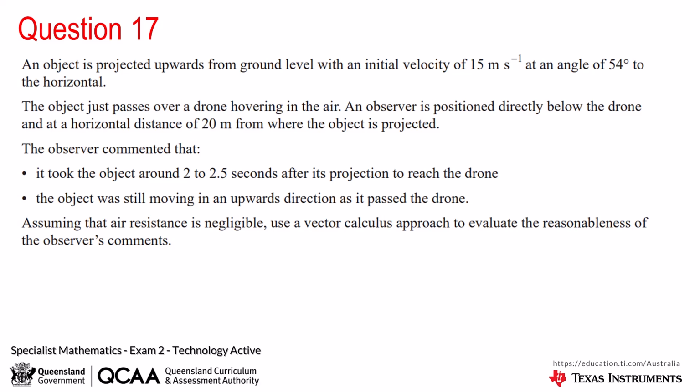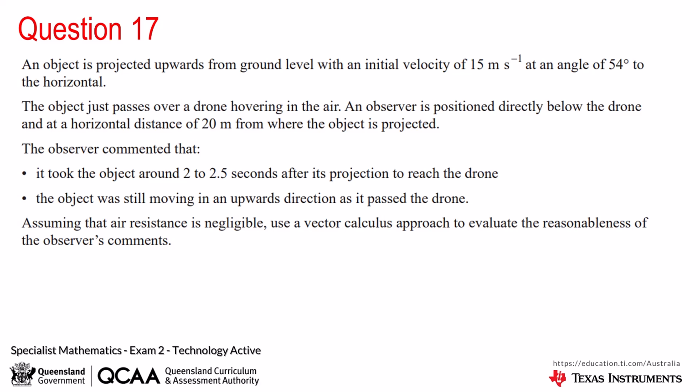First of all, we're going to let vectors i and j be the horizontal and vertical unit vectors respectively. And we're going to let t represent the time in seconds after the object is projected.